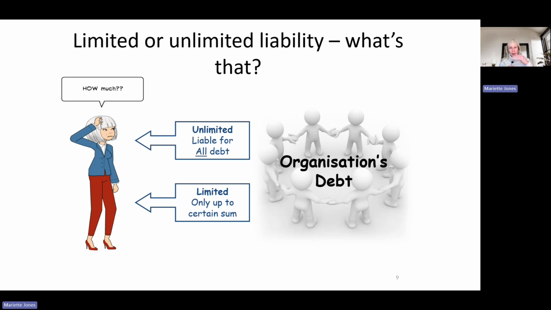So you won't be held liable for the organization's debt beyond that. And this is what we usually have with companies, where the shareholders in the company do not have unlimited liability for the debt of the company. Their liability is limited only up to the sum of what they owe for the share that they've bought. So to repeat, liability is one of the most crucial features distinguishing partnerships from companies.